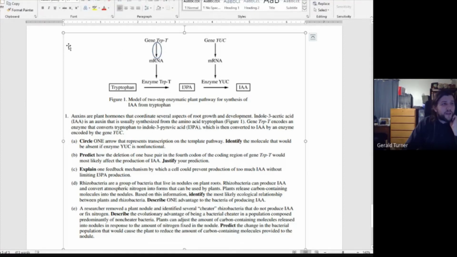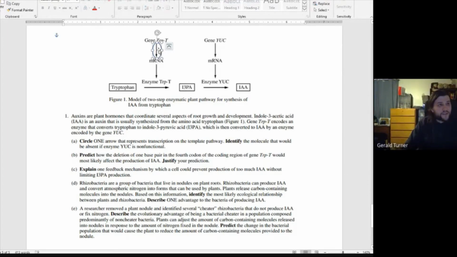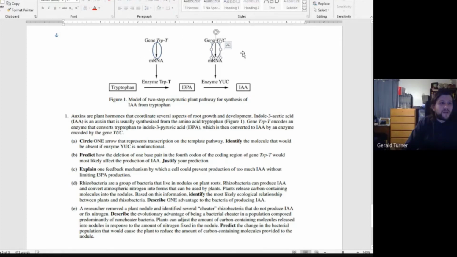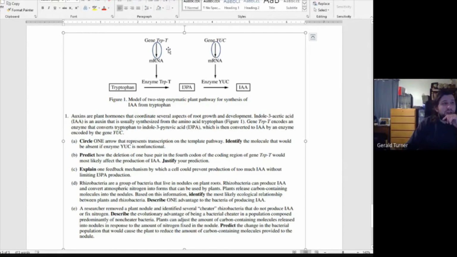So that step right there, going from the gene to the RNA, that would be a transcription step. And because I don't want to follow their directions, I'm going to circle 2 because I want to show you where both of those transcription steps would be. So either one of those would be acceptable to circle there.